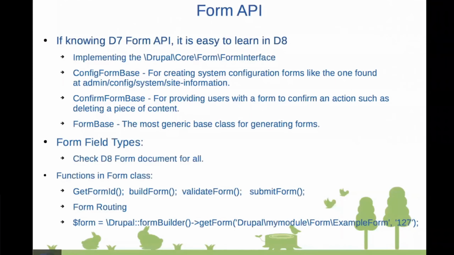Here's a very basic form. Whenever you create something, you have to use getFormId, buildForm, validateForm, and submitForm. It's basic. Whenever you need something, it will be broken. Maybe validateForm can be optional. No, we have to use them. Four of them are basic. Form routing, that's how to get a form.